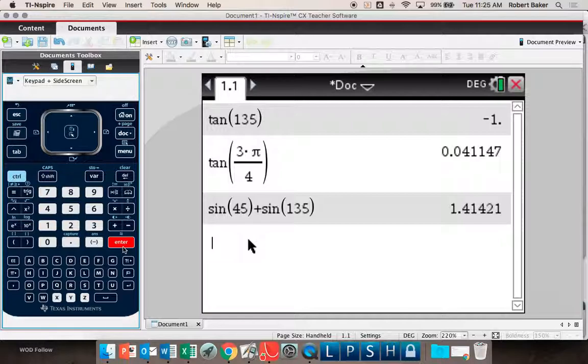Today, on your test, can I take your calculator away for this portion of the test? No, I could, but why? It's so easy.